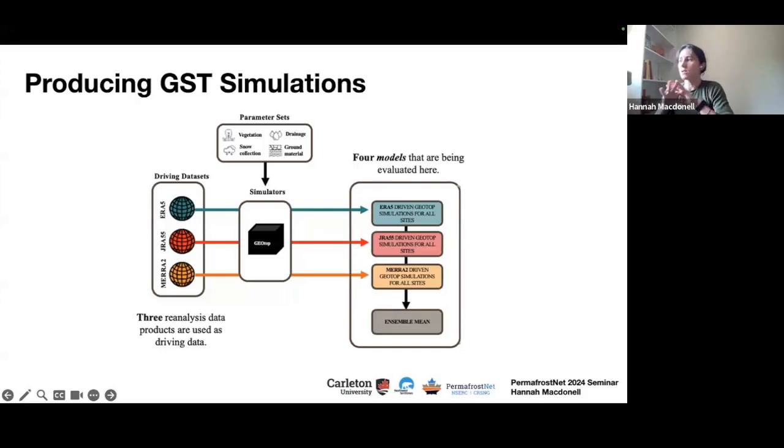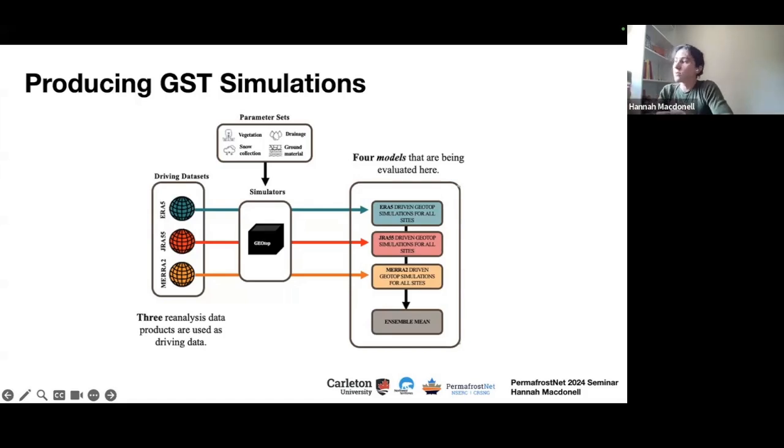Each of these data sets are very coarse, gridded, 3-dimensional products that are downscaled to point locations, so they're transformed into meteorological driving data that I can use. That's done through a software called GlobSim that I won't speak on too much today.